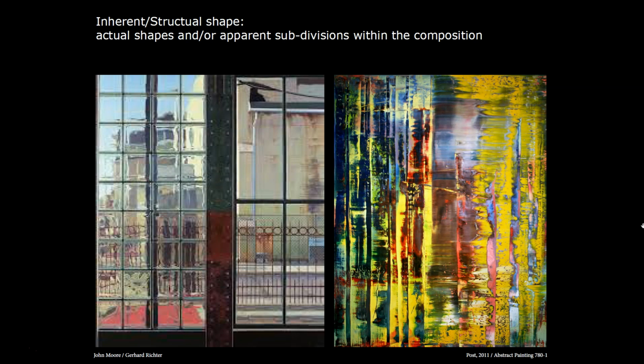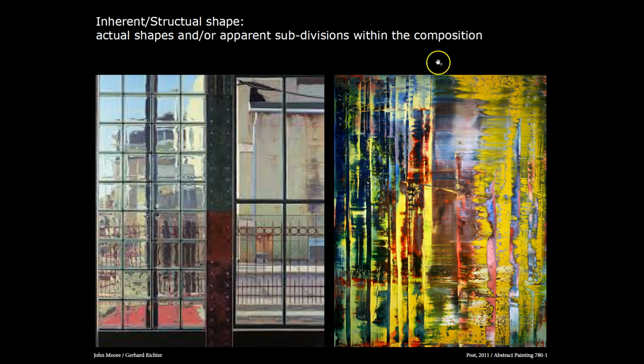Same as with line, there's inherent and structural shape. These are actual shapes and subdivisions within a composition. So you'll see these 2 paintings, which we've looked at before, by John Moore and Gerhard Richter. Remember, they shared a lot of formal qualities. One of the biggest formal qualities they shared in common was this long, thin rectangle down the middle.